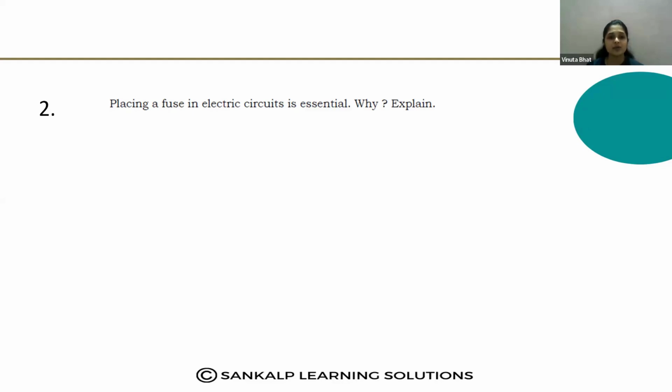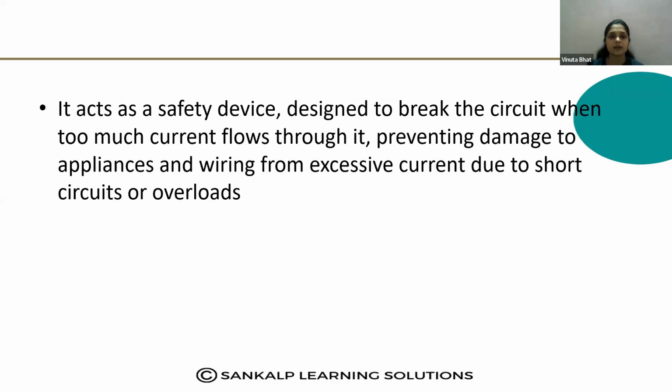A fuse acts as a safety device designed to break the circuit when too much current flows through it, preventing damage to the appliances and wiring from excessive current due to short circuits or overload. So that is the importance of the fuse.